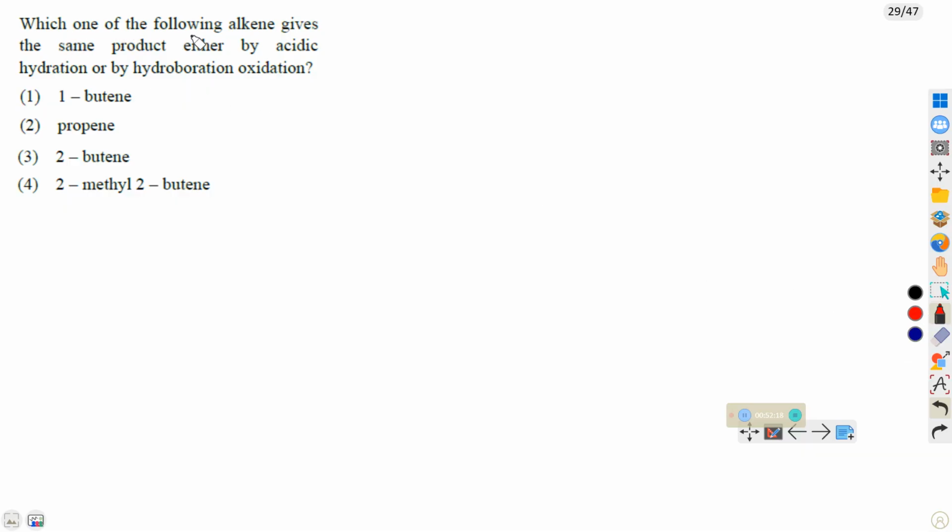Which one of the following alkenes gives the same product either by acidic hydration or by hydroboration oxidation? If you want the same product, the alkene must be a symmetrical alkene.